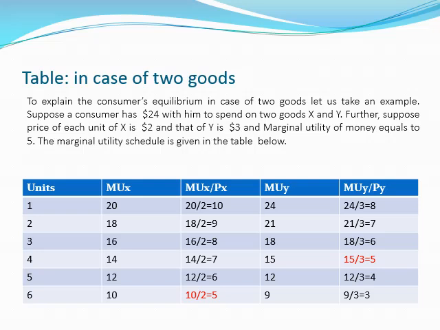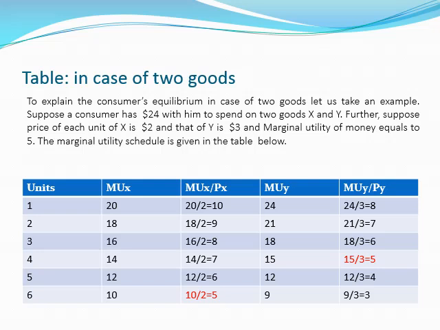If the condition of consumer equilibrium is restricted only by the equality between MUX over PX and MUY over PY, there are 4 situations of consumer's equilibrium.